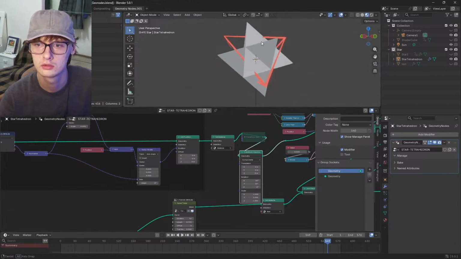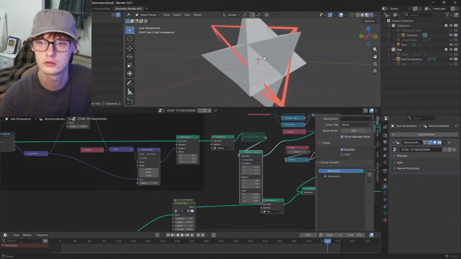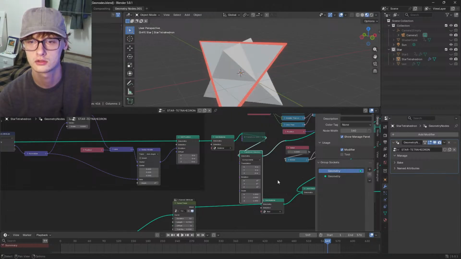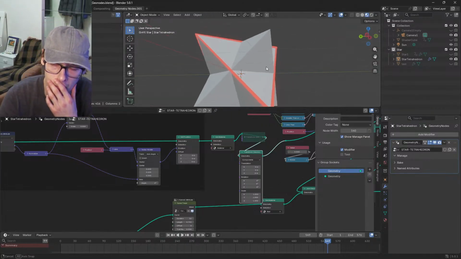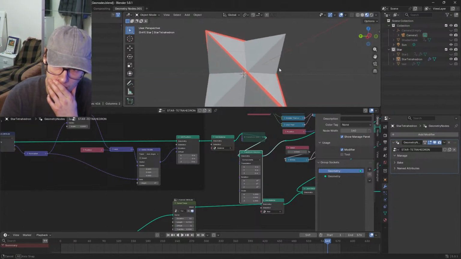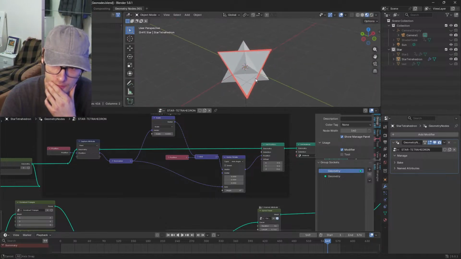Nope. I genuinely don't know what angle it's supposed to be at to get rotated around. Okay. Let me think about this.